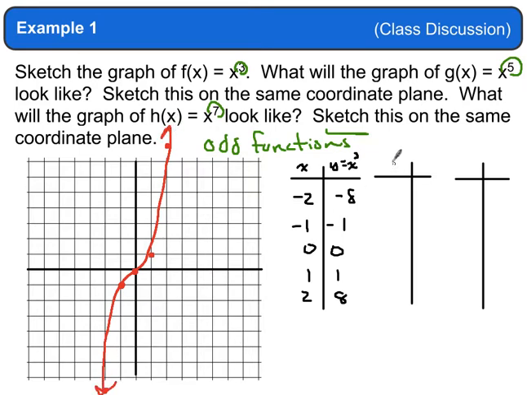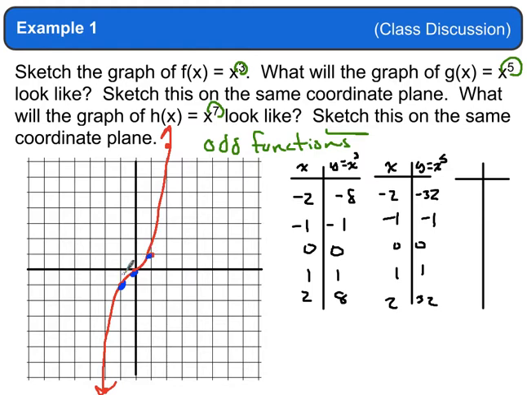If we compared that to x to the fifth, you're going to see the same kind of idea going on. For -2, it would be -32. And then you've got your -1, -1; 0, 0; 1, 1; and 2, 32. So if we attempted to graph that, these again would stay the same.